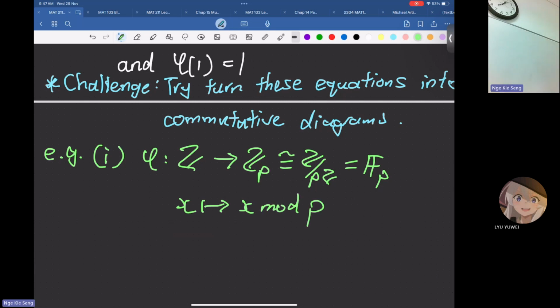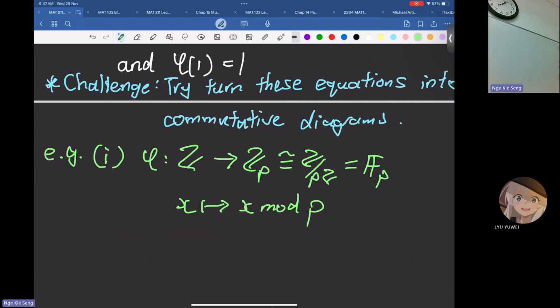I just send x to x mod p. What is the ring structure in Z? Just addition and multiplication. What is the ring structure in Z_p? This is something we talked about when we discussed Z_n as a group. We can define a plus b mod p equals a mod p plus b mod p, and then mod p. Similarly, you can do it for multiplication.